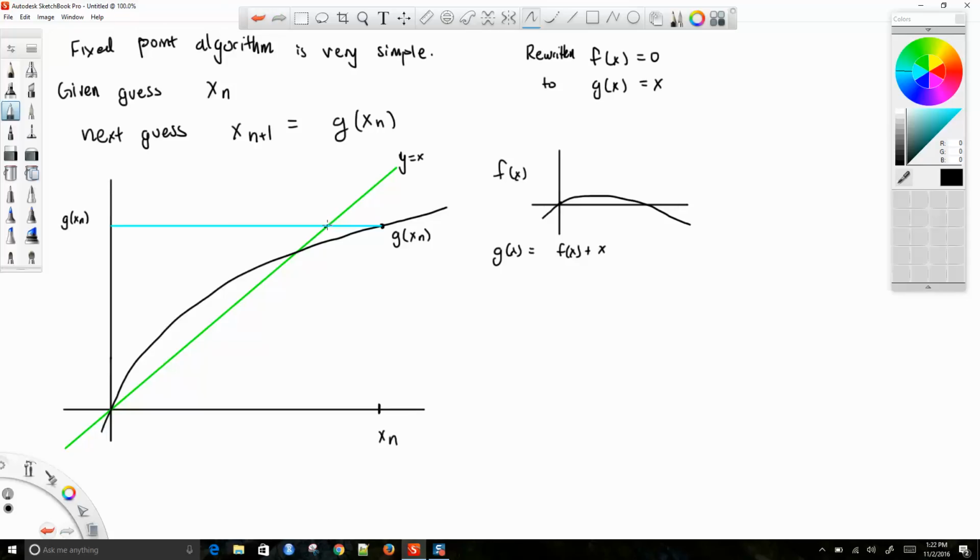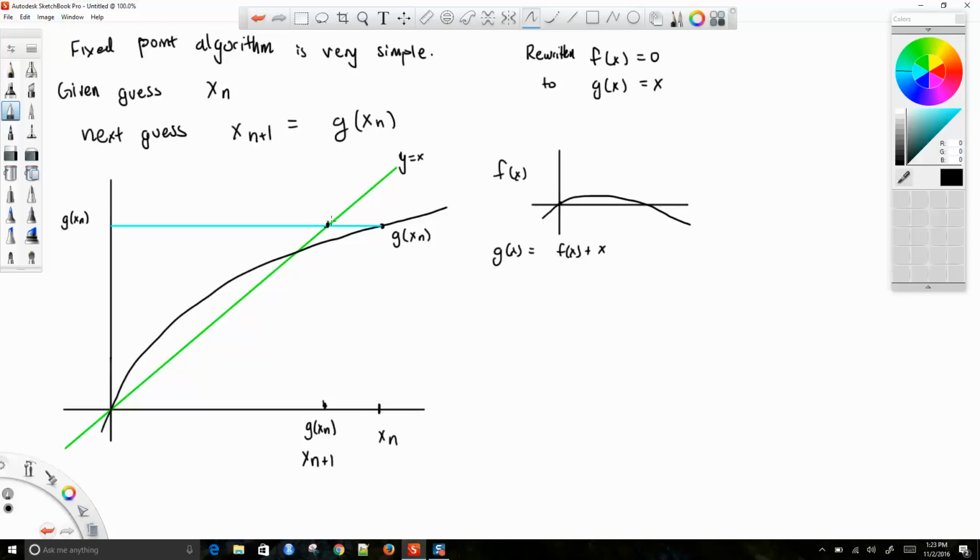And then this point right here is the value g of x sub n, and this is going to be my new x sub n plus 1. This location is where y is equal to x.